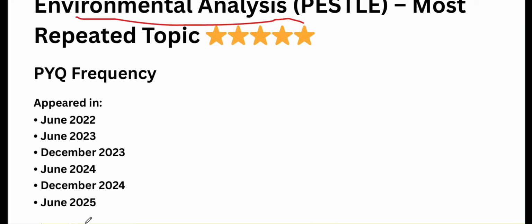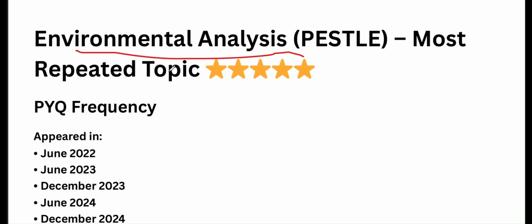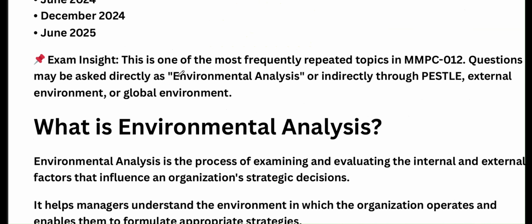So why not in 2026? It has been asked multiple times, and it now has a very visible character of asking the questions again and again. So this is one of the most important topics. Make sure you learn. Okay, let's start.